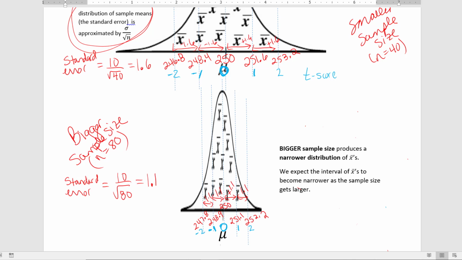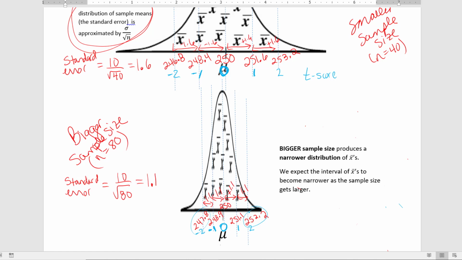Okay, so we can see then that in our distribution of sample statistics, the bottom one is narrower. It's saying the distribution of expected, usual, normal sample statistics really is ranging from 247.8 up to 252.2. So if you have a sample size of 80, it would be normal, usual, and expected to get a sample mean somewhere between 247.8 and 252.2.